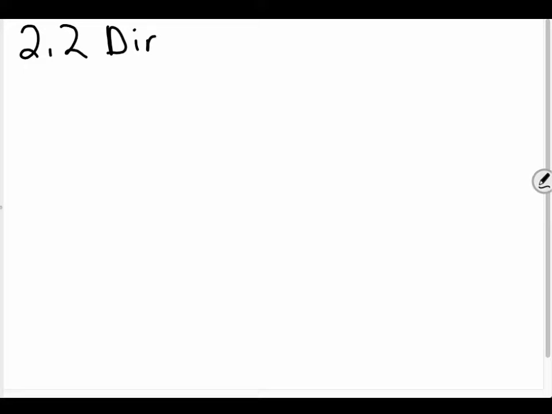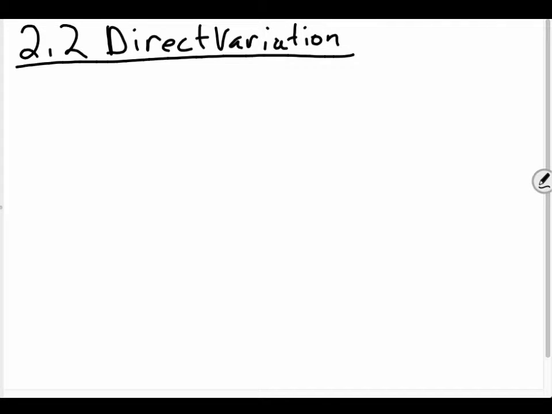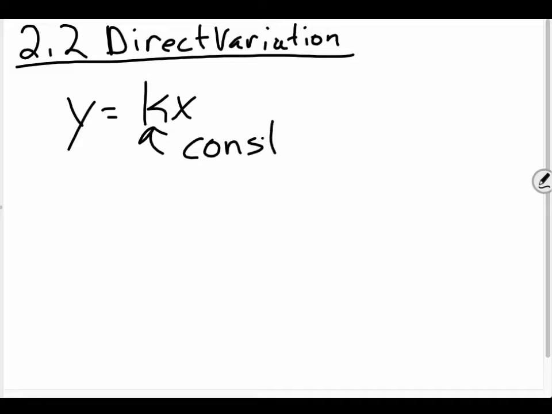Direct variation. And so direct variation is just y equals kx, where k is our constant of variation.